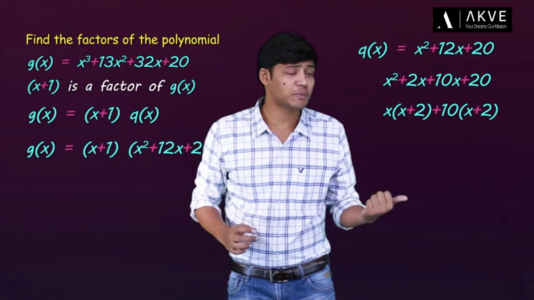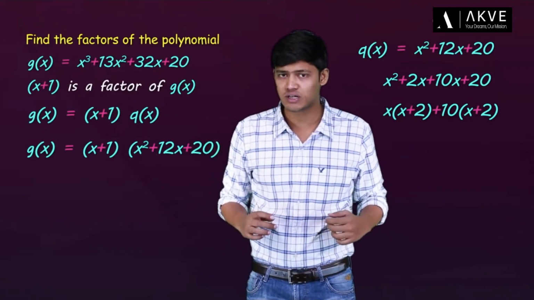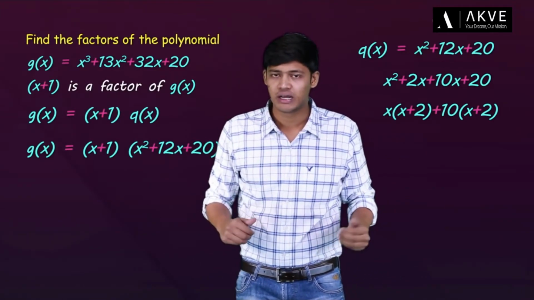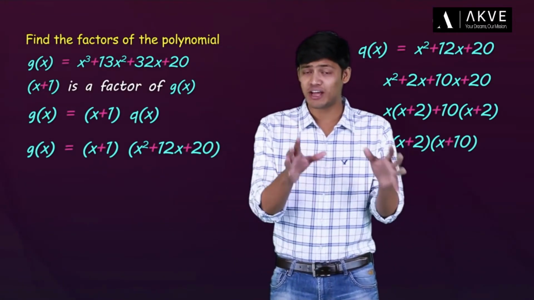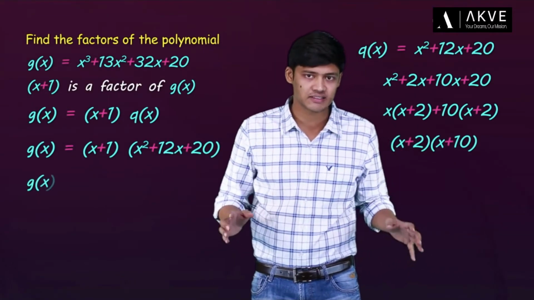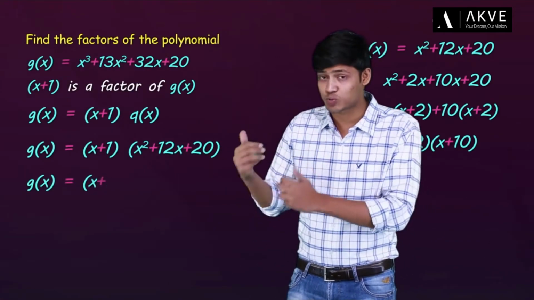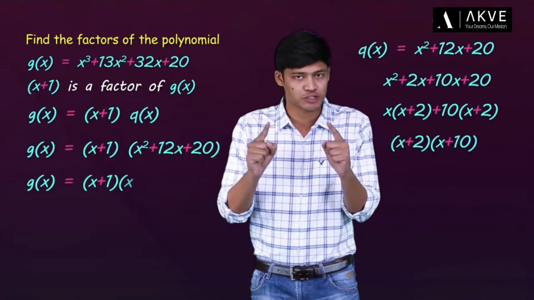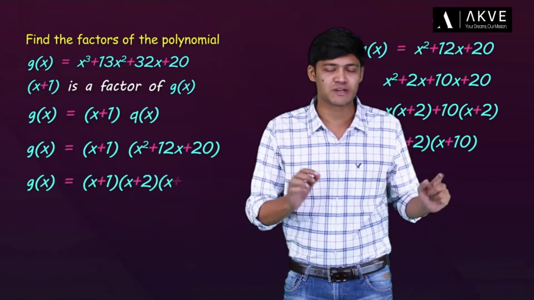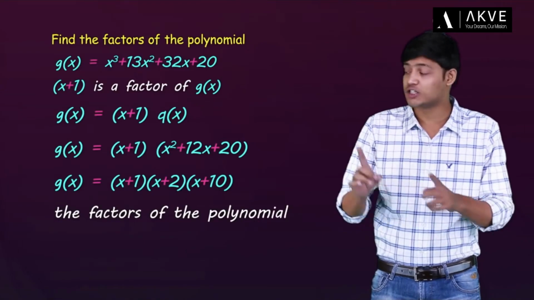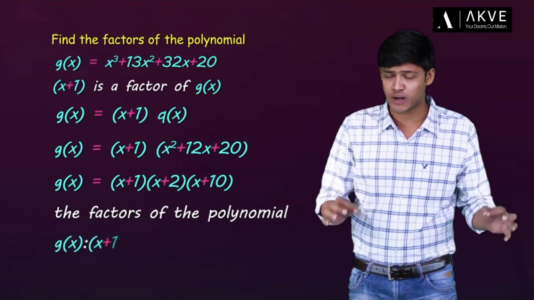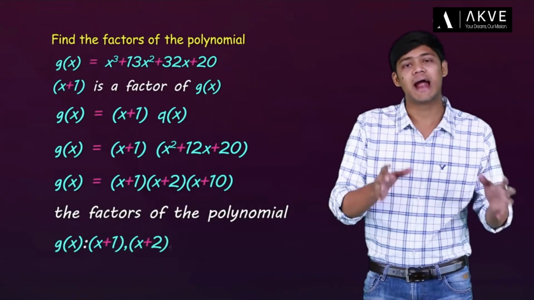Finally, taking x plus 2 common from both the terms, we get the expression x plus 2 multiplied by x plus 10. Therefore, the polynomial g of x is equal to x plus 1 multiplied by x plus 2 multiplied by x plus 10, which implies that the factors of the polynomial g of x are x plus 1, x plus 2 and x plus 10.